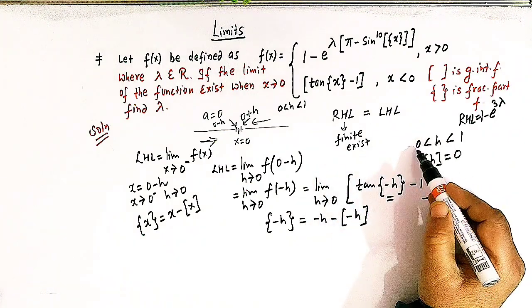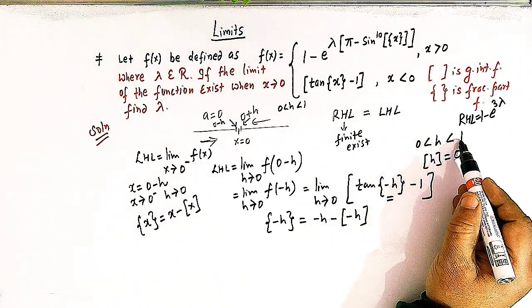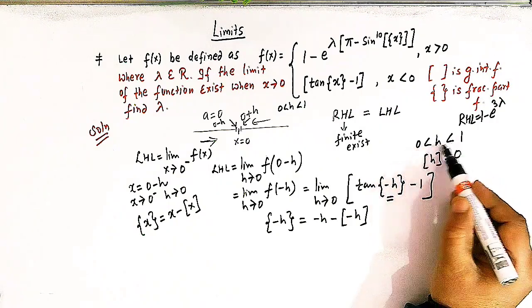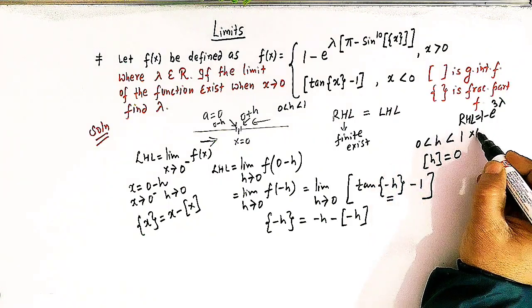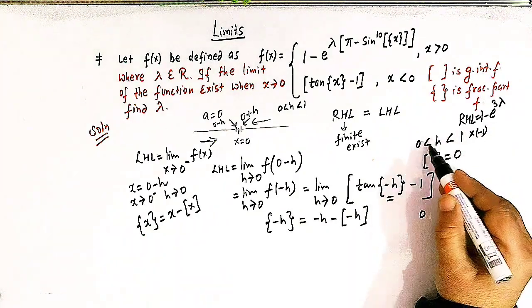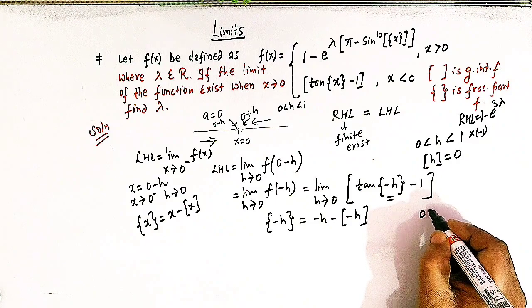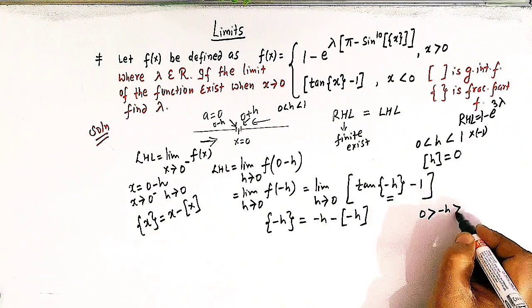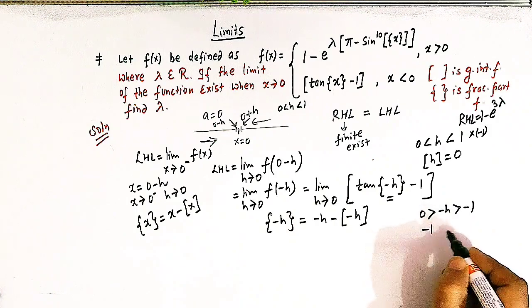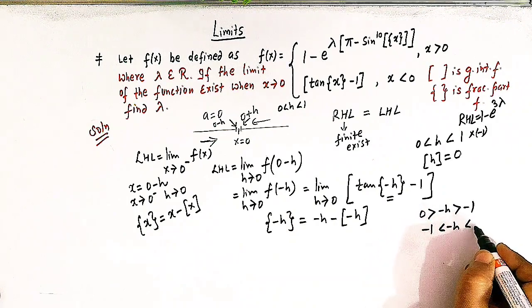See, h lies between 0 and 1. So if we multiply this inequality throughout by minus 1, the direction of the inequality gets reversed. So we can rewrite this inequality as minus 1 is less than minus h is less than 0.